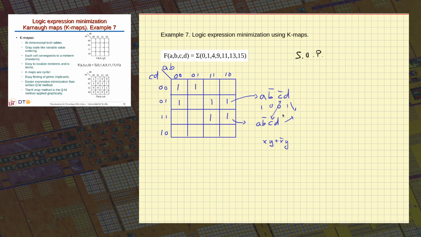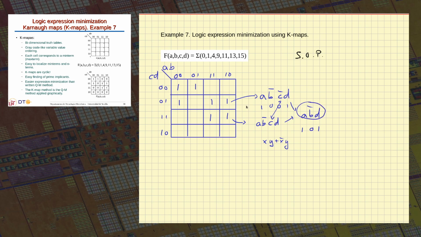If I do it algebraically, it gives A, B complemented D. This is a term which is 1 when A is 1, B is 0, and D is 1. C is not in the term anymore, so no matter what the value of C is. Okay, but this term is also easy to see in our map.